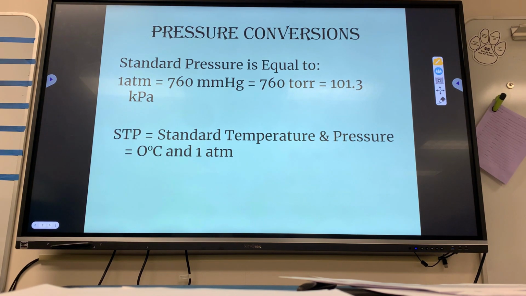So if I give you millimeters of mercury and I want you to convert that to atmospheres, you now have a way to do that. If I give you kilopascals and say convert that to atmospheres, again, you can now do that. Those are 4 things that are equal, just like 36 inches and 3 feet and 1 yard are all the same. Torrs are just a unit for millimeters of mercury. I know. Science hates us.